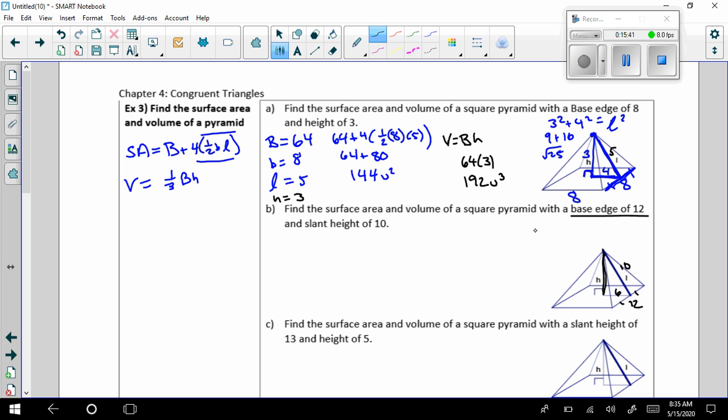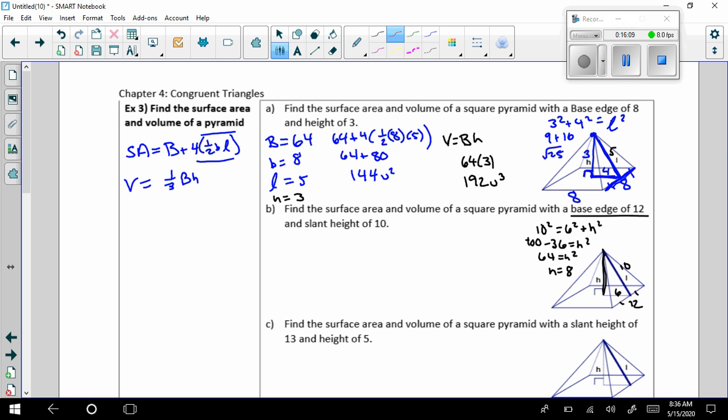So we're going to do 10 squared equals 6 squared plus h squared. So 100 minus 36. I kind of skipped a step there. Hopefully that's okay. This is squared, and I need to move it over. So that's 64. So h is 8.